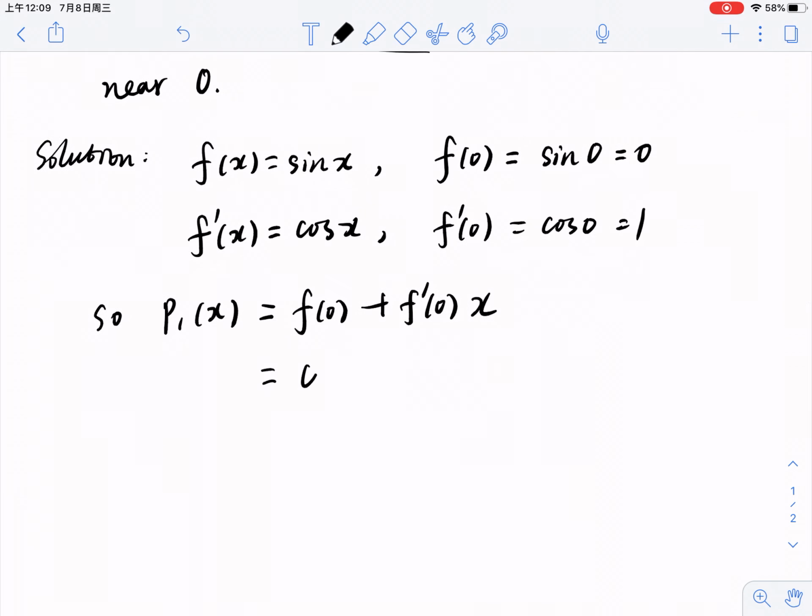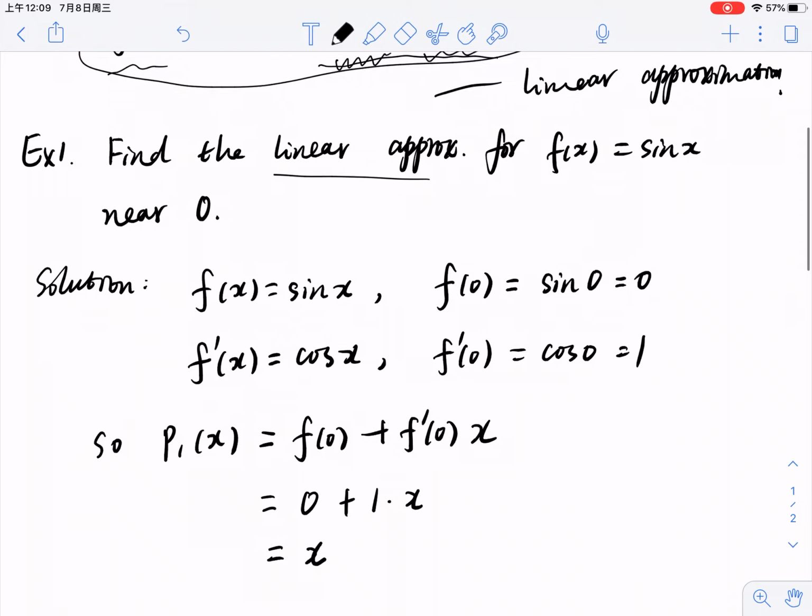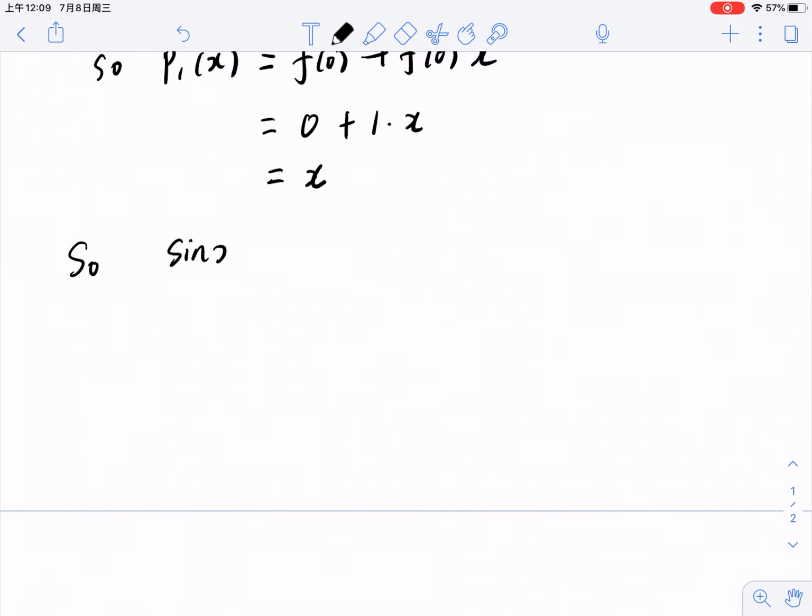So this is 0 plus 1 times x. This is equal to x. So we have the function sin x can be approximated by x for x near 0.